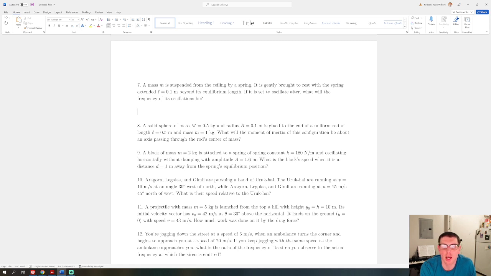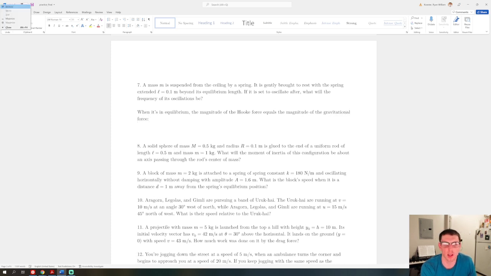So the idea is that when it's in equilibrium, the magnitude of the Hooke force equals the magnitude of the gravitational force.